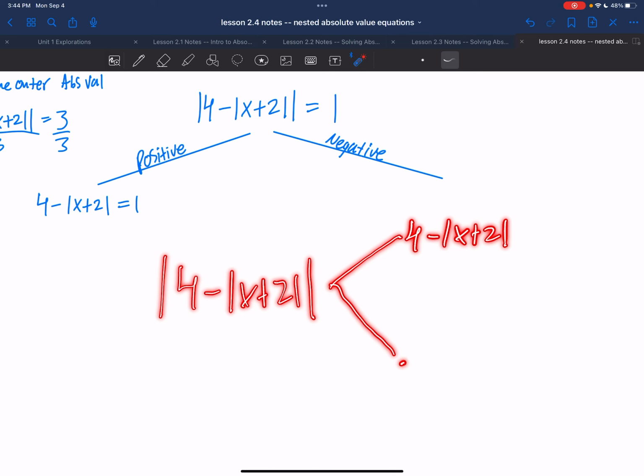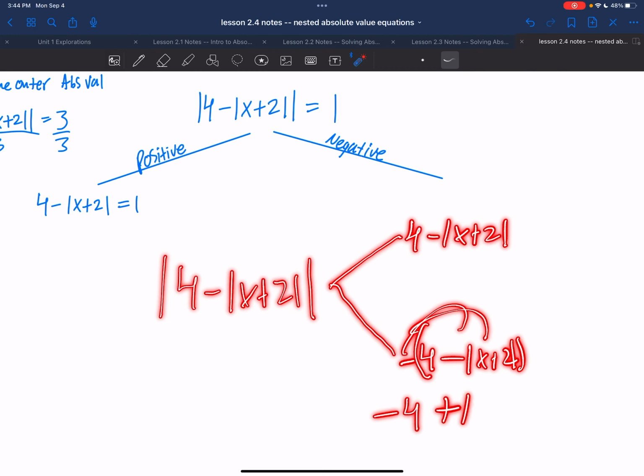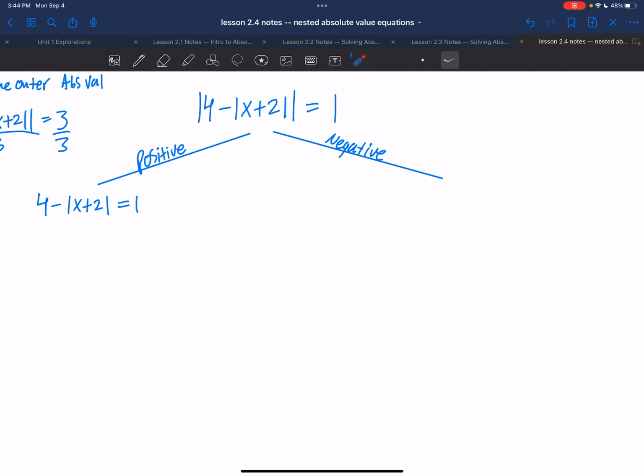But the second case, you flip the signs. It's negative this, so you have to distribute that negative to both pieces. So you're going to get negative 4 plus that absolute value. So the negative case is negative 4 plus the absolute value of x plus 2 equals 1.